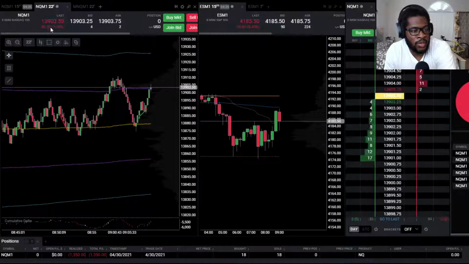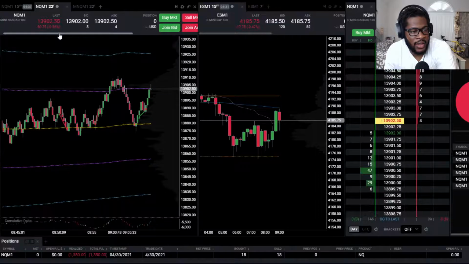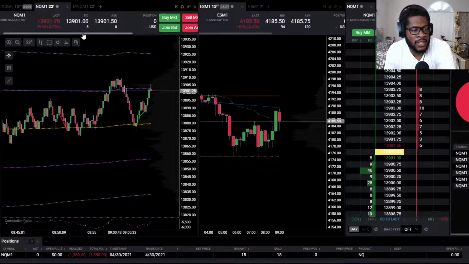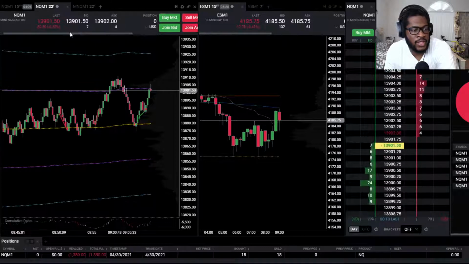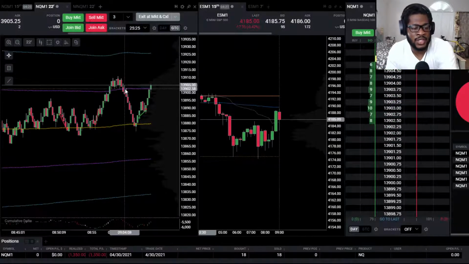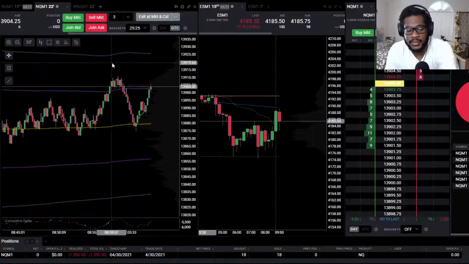Got to keep in mind we're only 50 points away from the Nasdaq being back at break even. That break even point on the Nasdaq at 13,950 or 13,954, I think, will be a natural resistance. So just got to be aware of that.